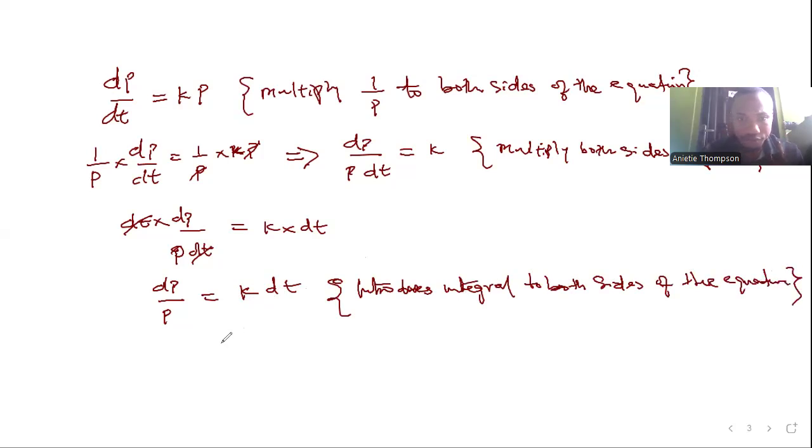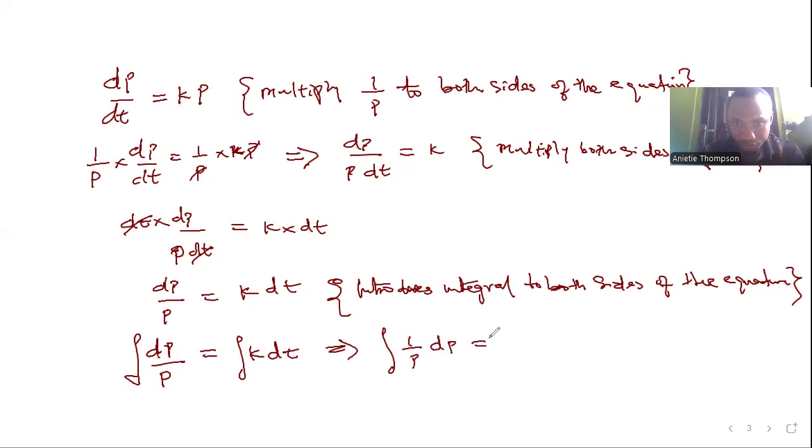If I do that, I will have integral dp over p equals integral k dt. To integrate, I'm going to move this constant out, and this is the same thing as integral 1 over p dp equals k integral dt.